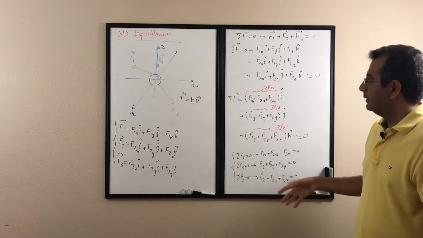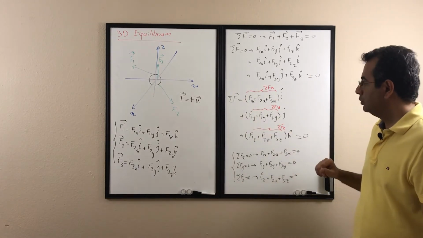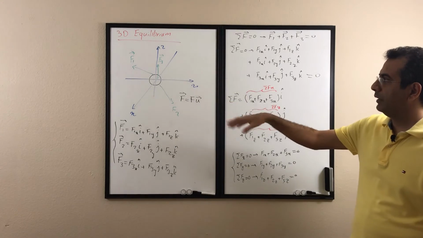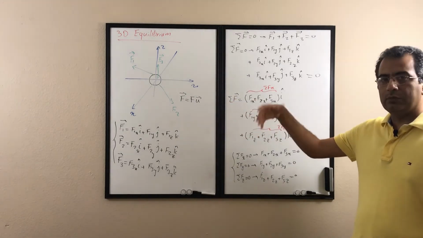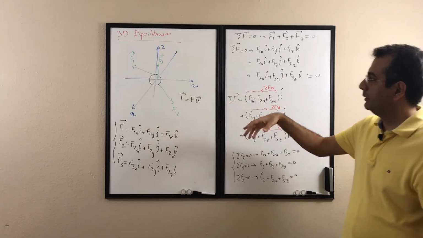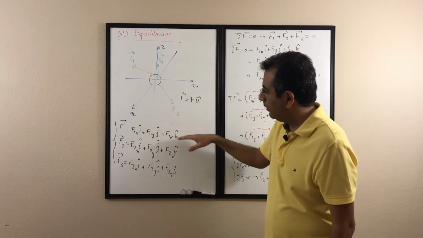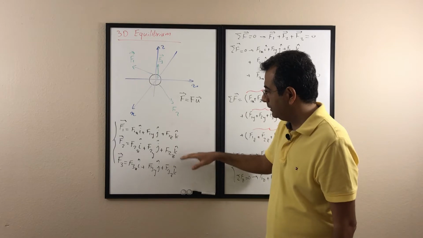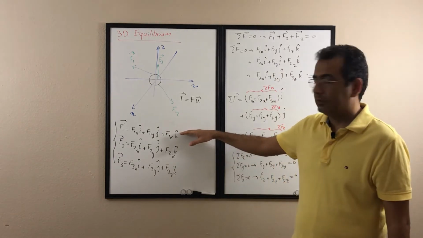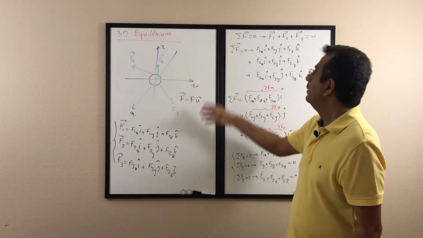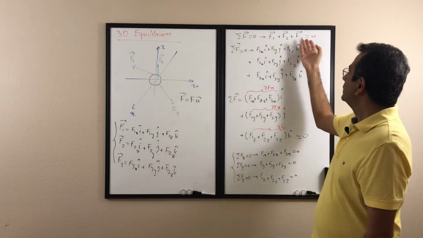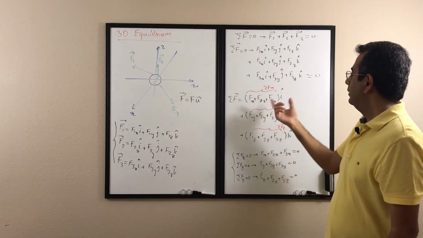So remember, that's the procedure that we use. It doesn't matter how many forces we have, 2 forces, 3 forces, 4 forces, it's all the same thing. Draw the free body diagram, draw all the forces, find the Cartesian format of all forces. Then add all the forces in vector format together.